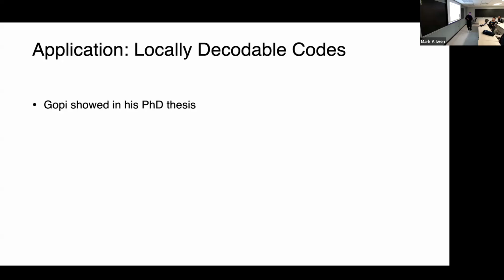So that's nice. Using that kind of observation, Gopi, who is one of the authors of one of the results we stated, showed in his PhD thesis that there are these deterministic tensors T_1 through T_k.